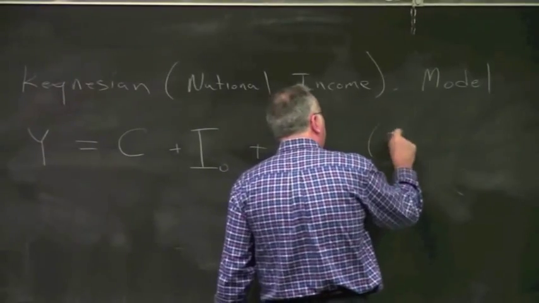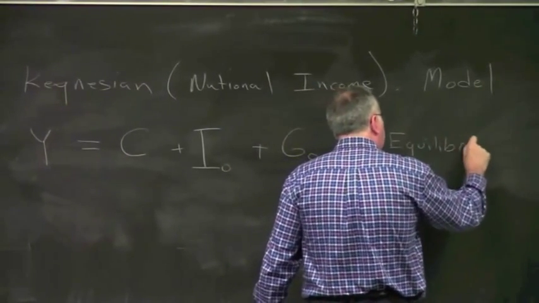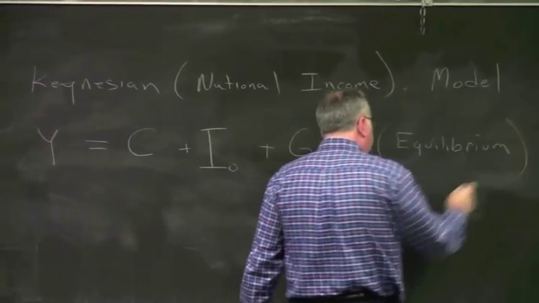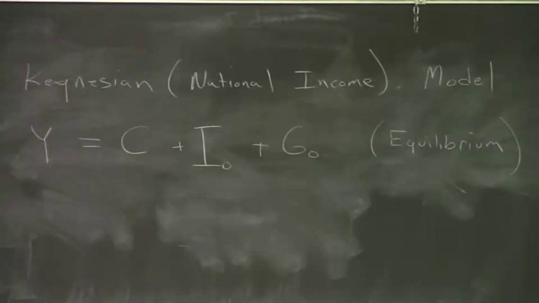In equilibrium, national income will be equal to planned expenditures by consumers, investors, and the government. In equilibrium, income equals expenditure.